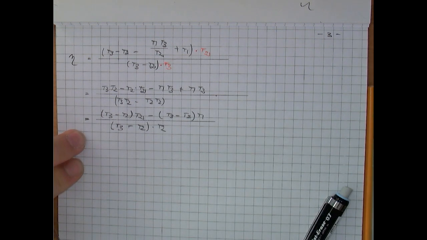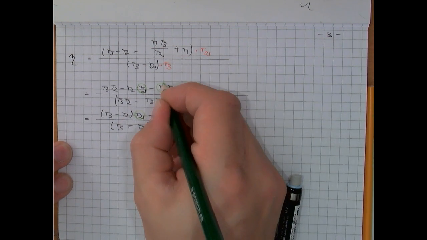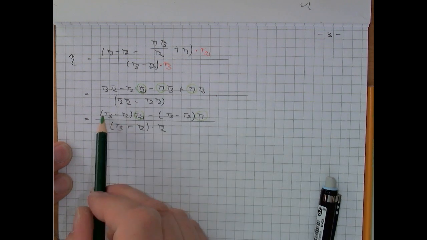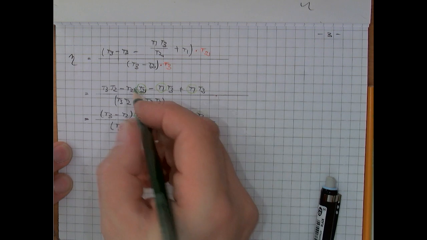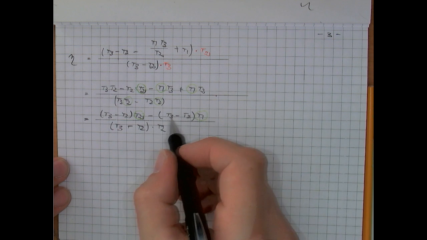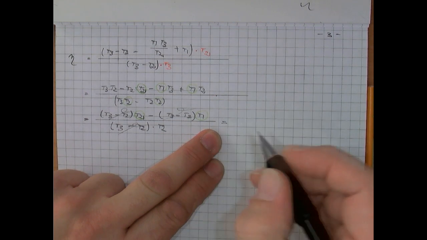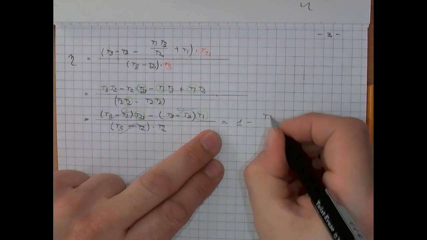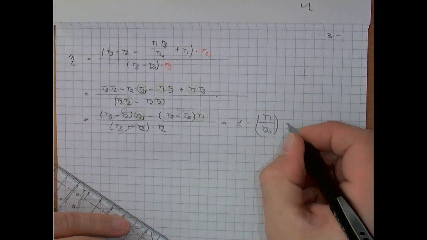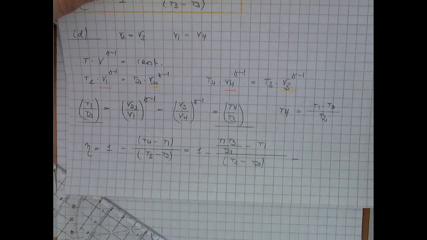So here is T2, and here it is T1, to have the same difference, namely T3 minus T2, from here, from here, and from the denominator. So therefore these differences, T3 minus T2, cancel. And what we have is something very simple: 1 minus T1 divided by T2.